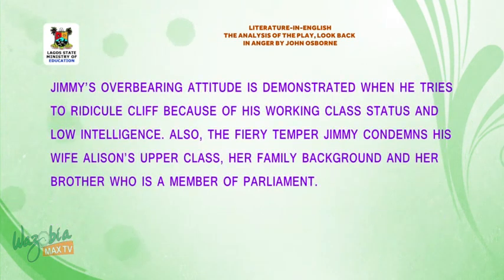Jimmy's overbearing attitude is demonstrated when he tries to ridicule Cliff because of his working class status and low intelligence. Also, the fiery-tempered Jimmy condemns his wife Alison's upper class, her family background, and her brother who is a member of parliament.